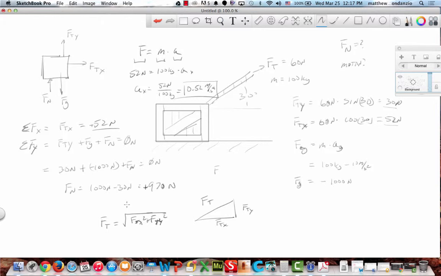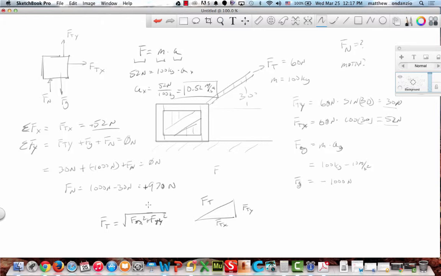FTX squared plus FTY squared equals FT squared. So FT equals the square root of FTX squared plus FTY squared. But the square root cancels out the square. No, see, that's an algebra thing again, right? It doesn't, because you have to add the squares and then square root them. You can't just square root each one.